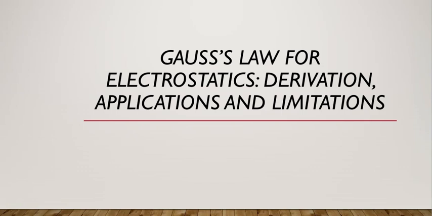So let us first discuss the statement of Gauss Law for electrostatics. The total electric flux through any closed surface is equal to 1 by epsilon naught times the total charge enclosed by the surface.